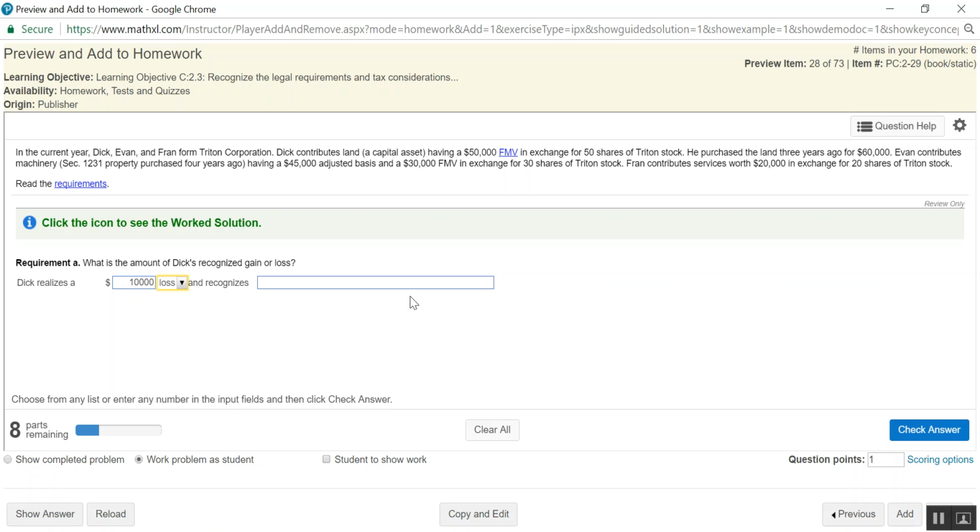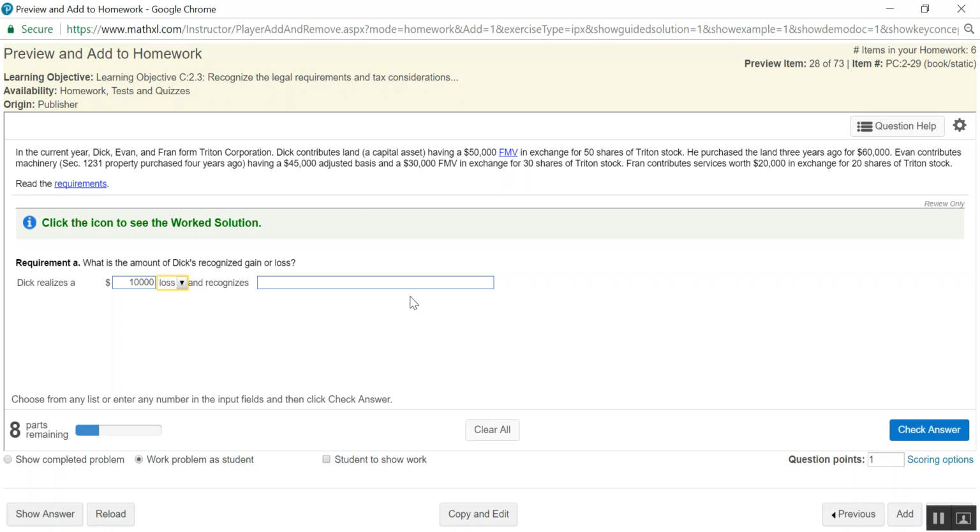So we know that under 351, contribution of services does not qualify towards the 351 transfer requirement. So we have to disregard Fran's contribution of services and her receipt of 20 shares of stock. But in total, Dick and Evan received 80 shares out of the total 100 shares received by the three of them.